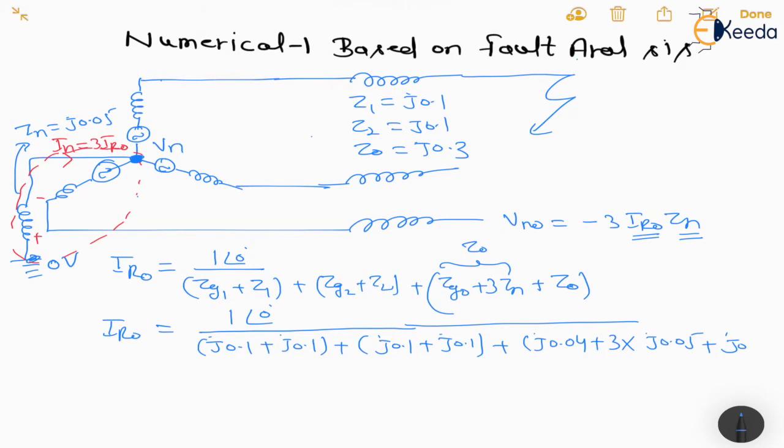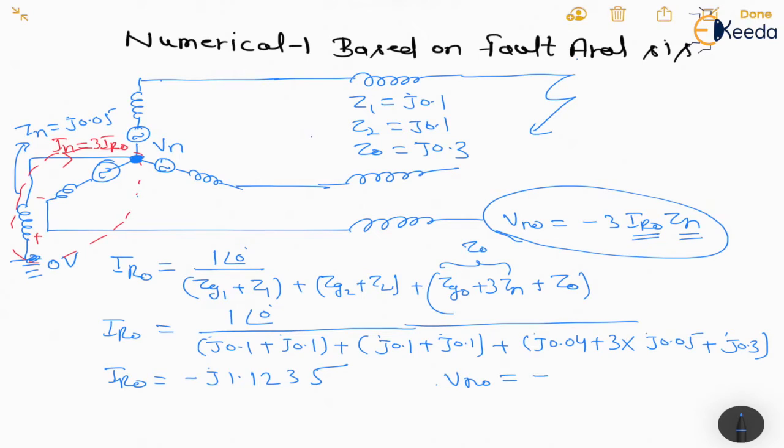Z0 has been given as J0.3. So this value IR0 will be equal to minus J1.1235.